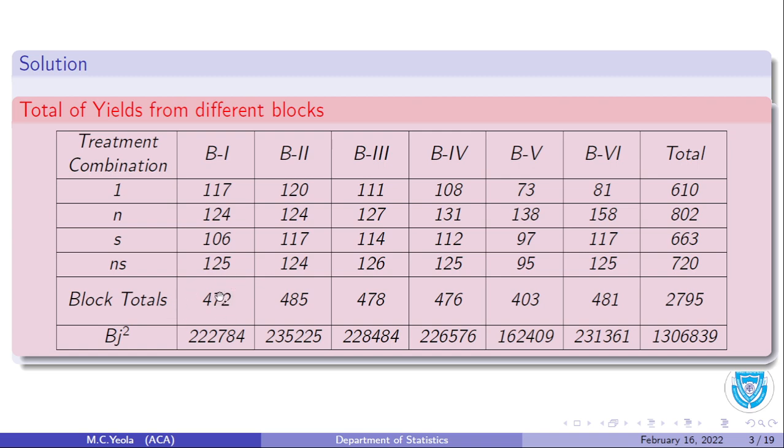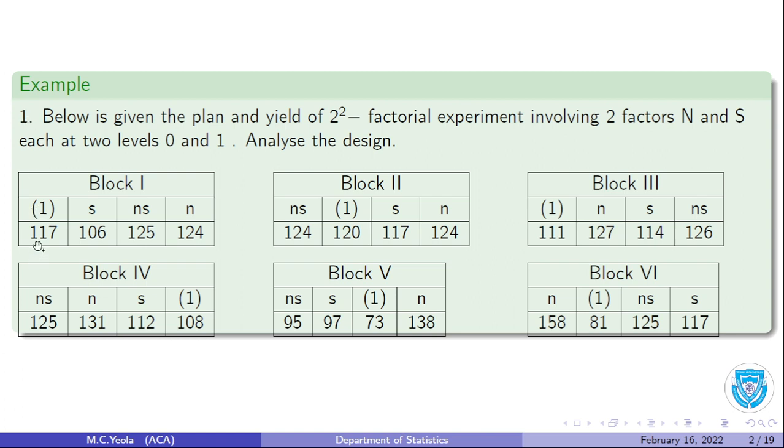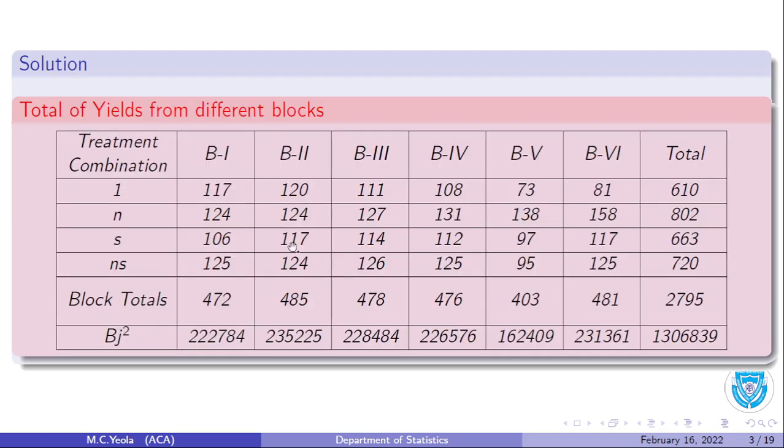And here just see, this is the total of block 1, 472. Either you can obtain it from this or you can take it directly from this also, you will get the same answer because the same observations we are having here, only we have arranged them according to our treatment combinations.